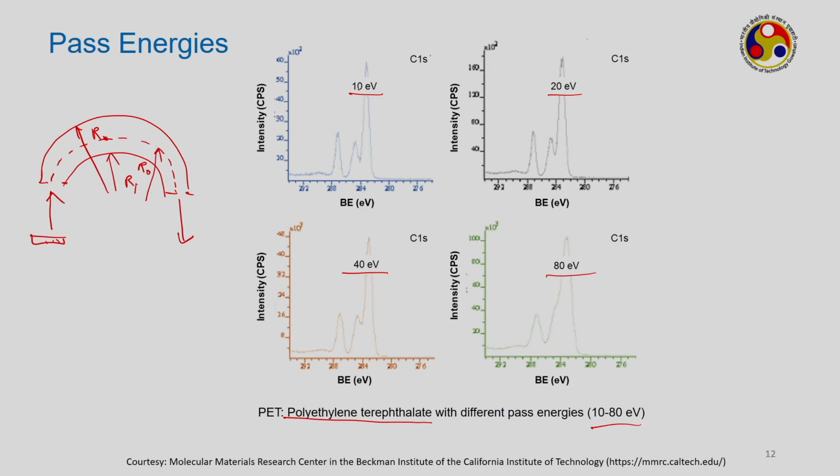For 10 electron volt pass energy, for the 1s orbital of carbon, the intensity is around 50, while at 20 it increases to 120, while at 40 it is higher, and 80 is the highest. So, the way you allow electrons of definite energy to pass through will show up in the output. You will get a higher and higher intensity peak as you allow R naught to grow or E naught to be higher and higher.